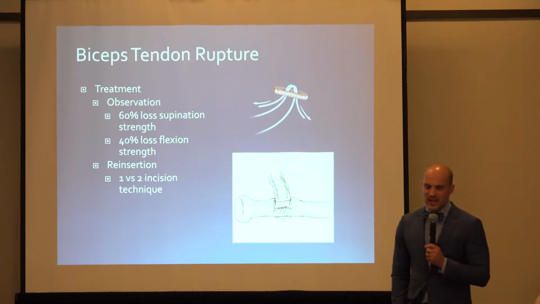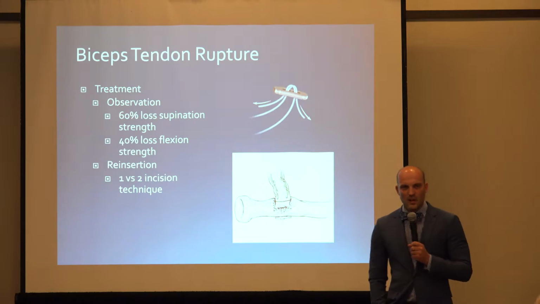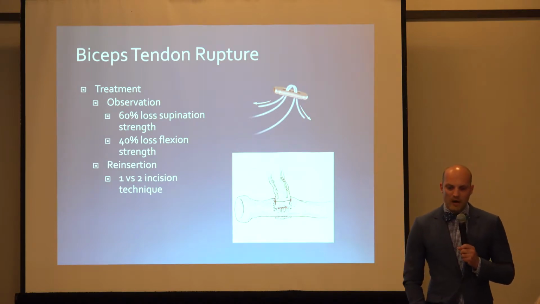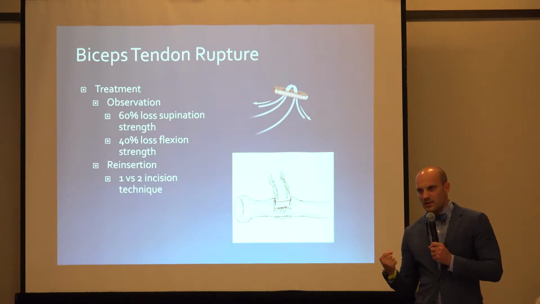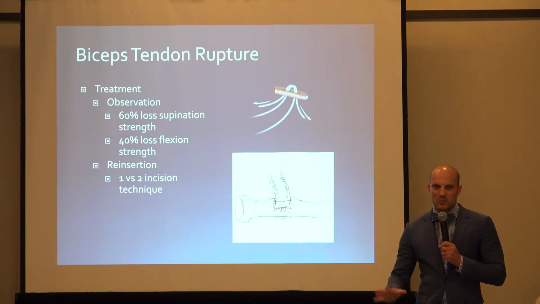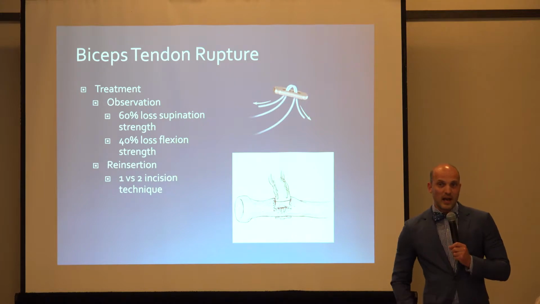It's not cancer. It's not going to kill you. You can definitely live with it. What does it mean to live with it? Well, you get about a 40% loss of flexion strength permanently and about a 50% or so loss of supination strength. If you're not doing a lot, that may not matter. But for a laborer, they usually do it.